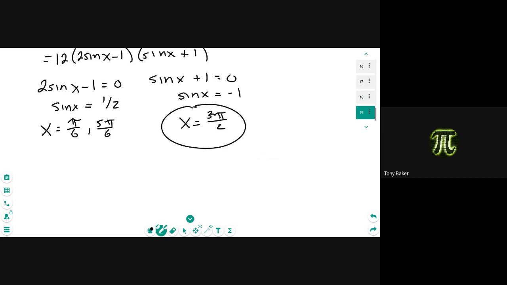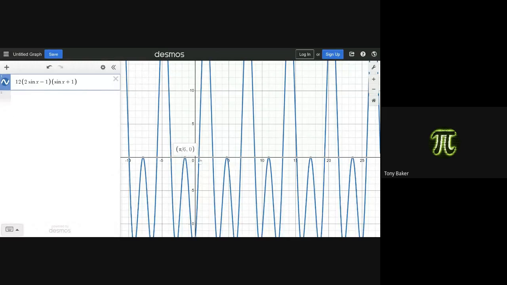If we look at this one, it's negative from 0 to pi over 6, because this is the second derivative. So from 0 to pi over 6, it's negative, so it'd be concave down.